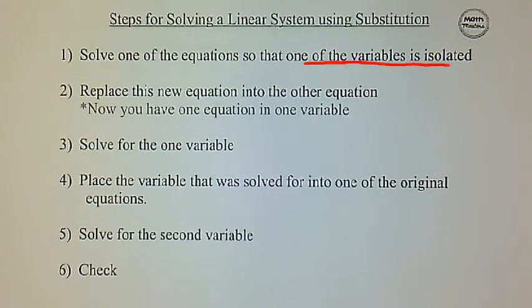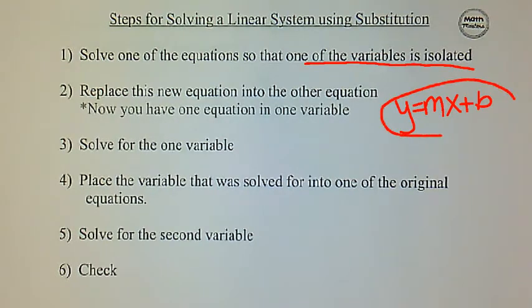Now usually we do y equals mx plus b. I don't want you to only solely do this, because sometimes it'll be easier to get x by itself first. So we'll do a couple questions just like that as well.